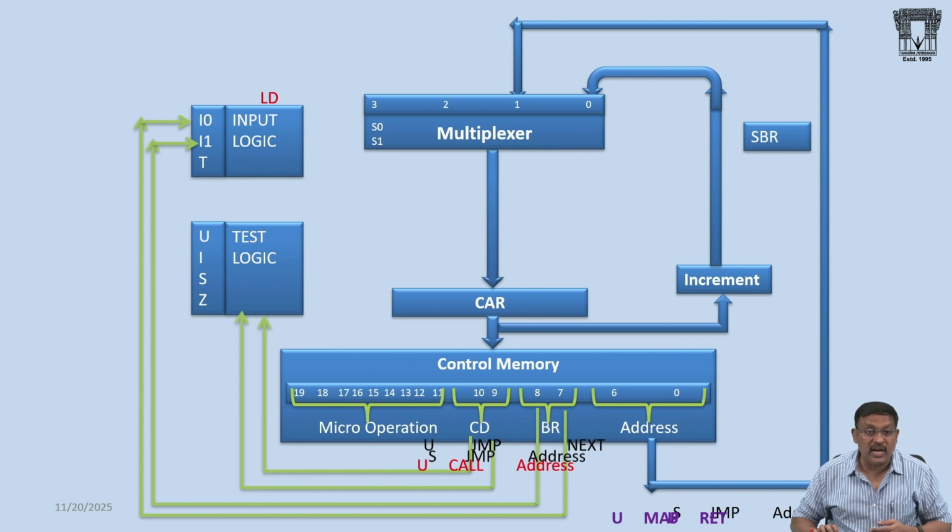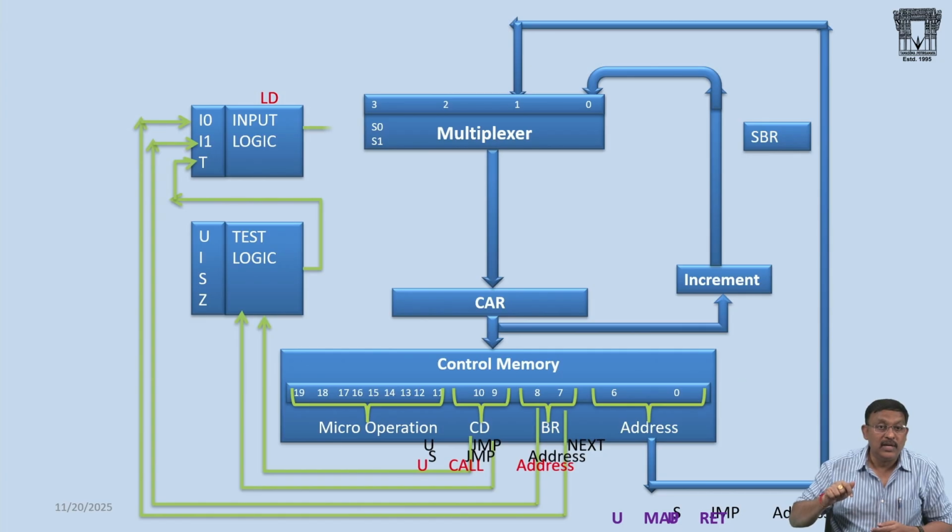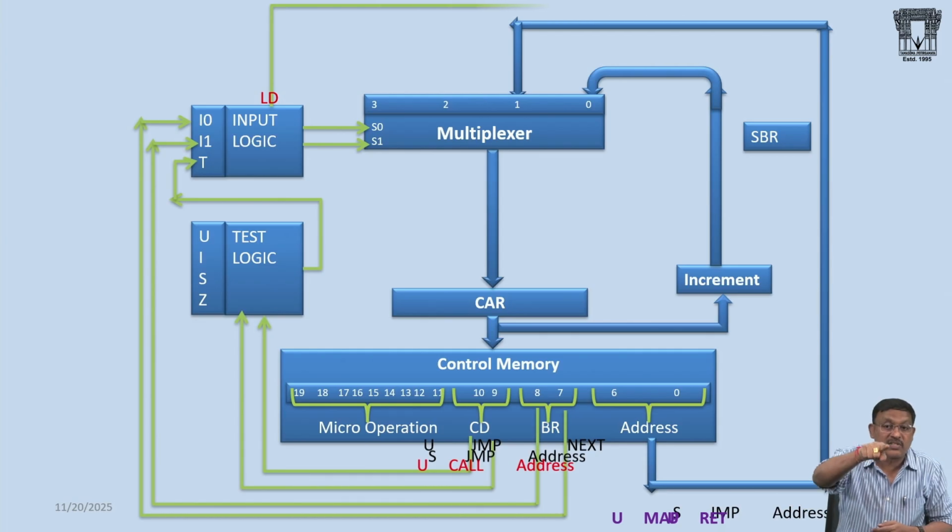The condition bits are transferred to the test logic. Now the branch bits are transferred to the branch logic, that is your input logic. Verify the test logic. Has the test logic failed or is the condition true? If the condition is true, there is a bit T that is equal to 1. If that is equal to 1, the return address is loaded into the subroutine register.